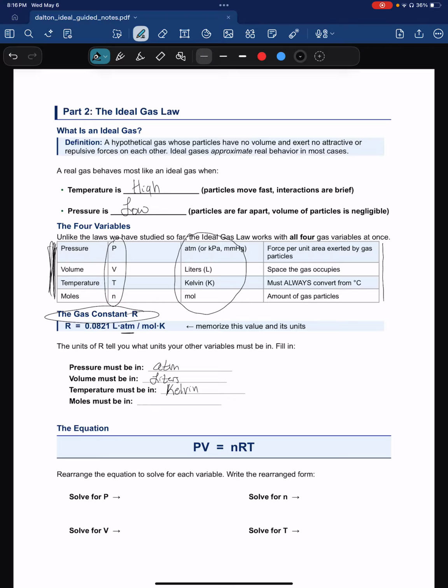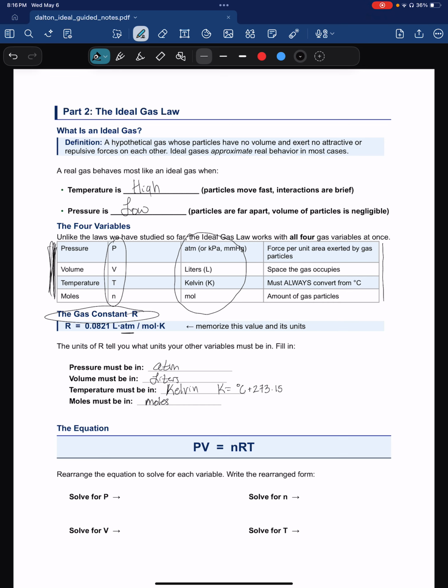And remember that the conversion factor here is Kelvin is equal to the degrees Celsius plus 273.15. Great, and moles must be in moles. That one's easy to remember. Moles.